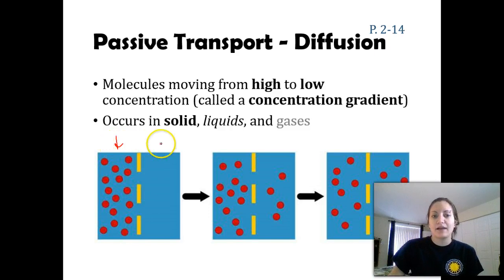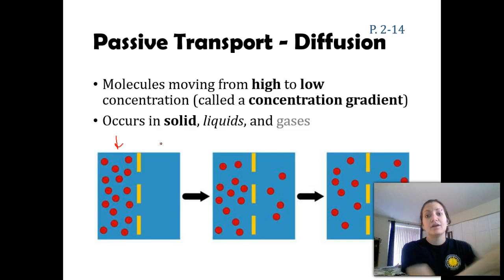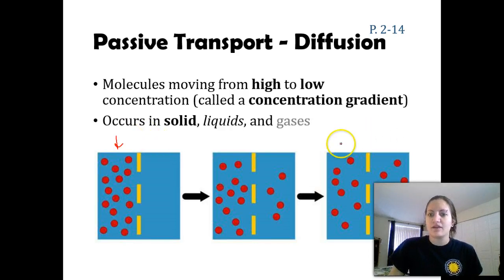So if we're going from high to low, that's saying we are going with the concentration gradient. We're going with the flow. We're not doing anything difficult. We're going from something very high to something very low. And over time, it equilibrates. So we see here in the very last picture, we have about the same amount of glucose on one side of this membrane than we do on the other side.